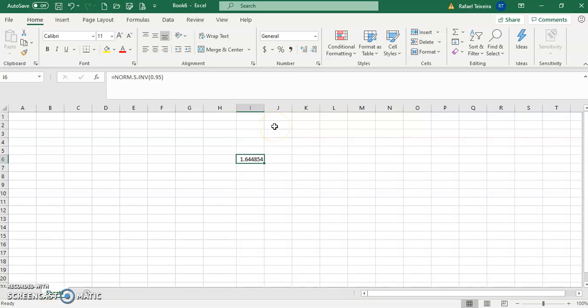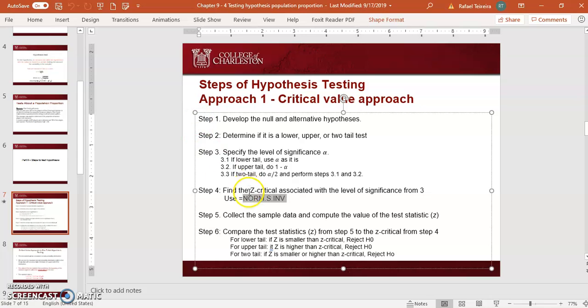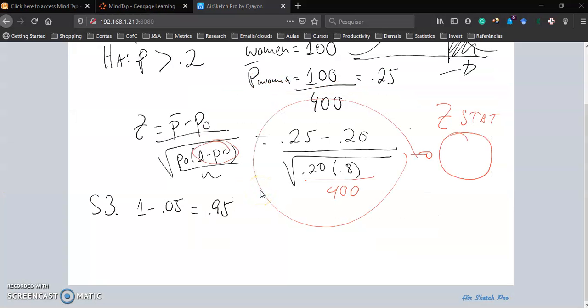And now I have the z-critical. So if I go back here, in step 3 the z-critical is equal to 1.645.